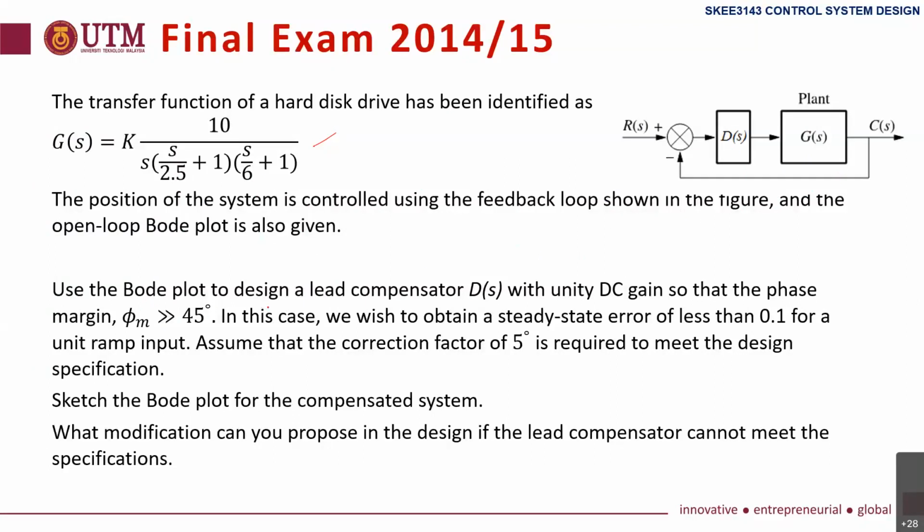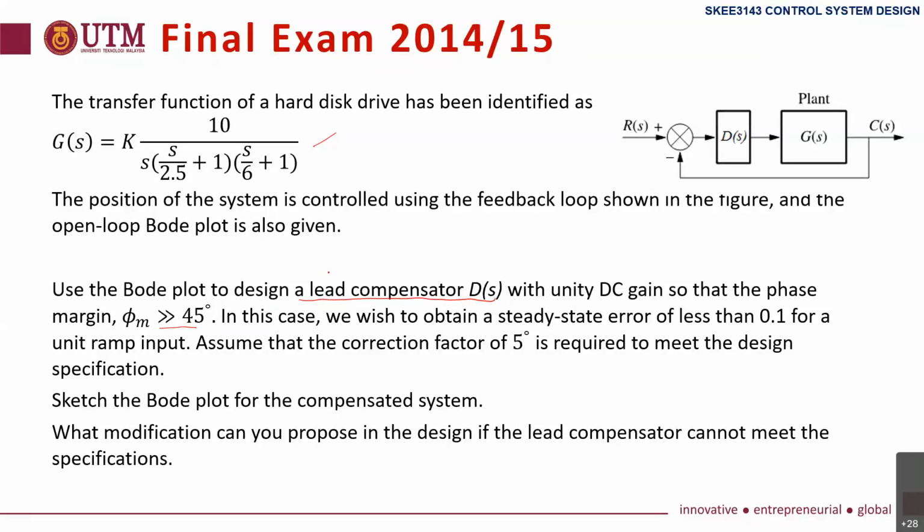Use the Bode plot to design a lead compensator so that the phase margin is more than 45 degrees. Here, the question did not specify exactly 45. It can be more, but at least 45 degrees, because a higher phase margin is better.